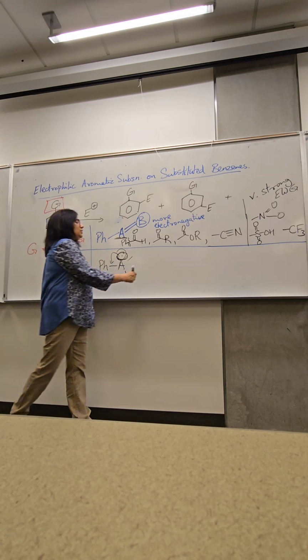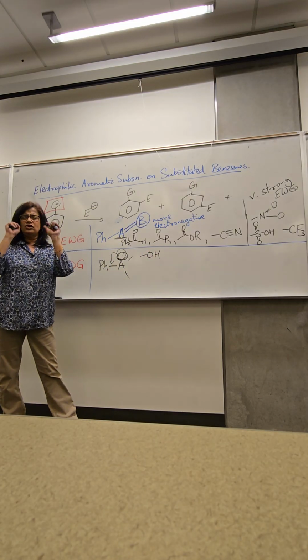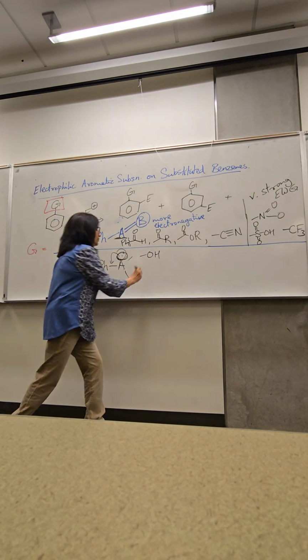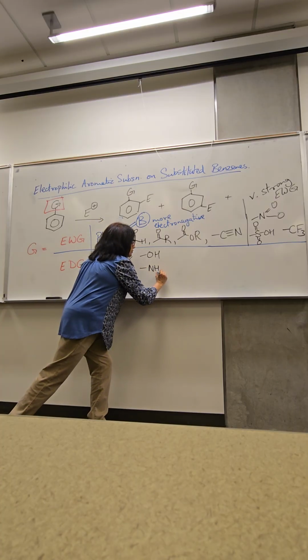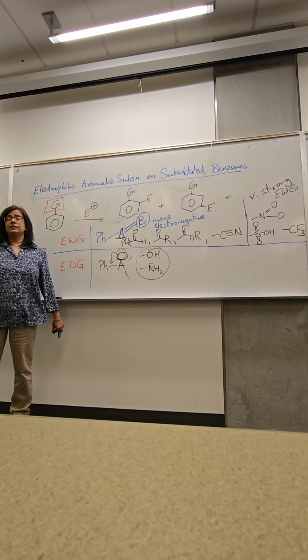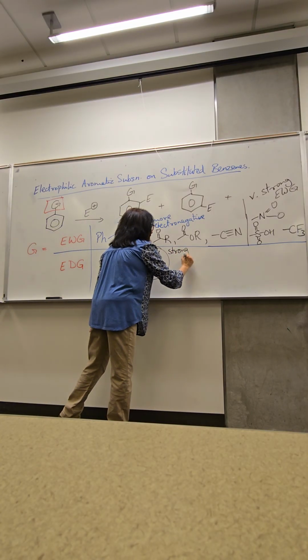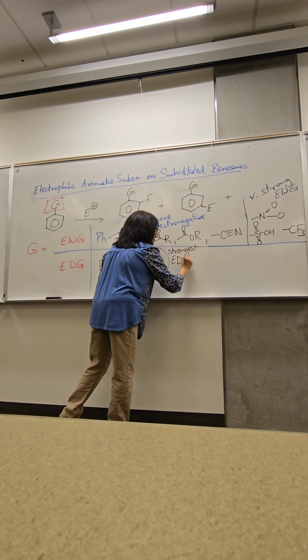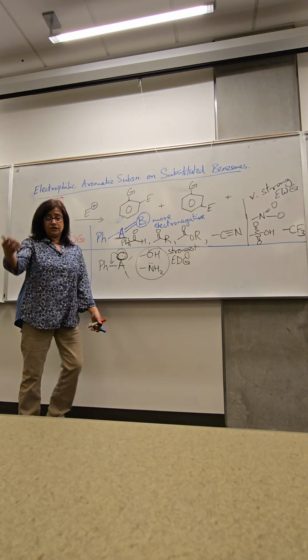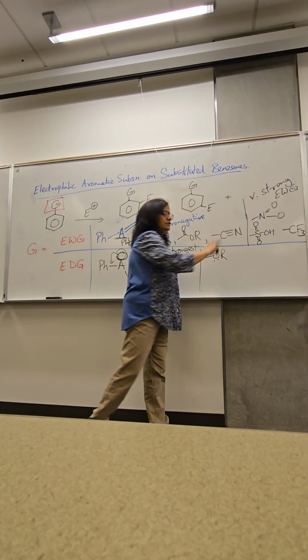So for example, you see OH is a very strong electron donating group. The strongest electron donators are OH and NH2. And the others that you see in order, of course, OR, same thing, you see that?